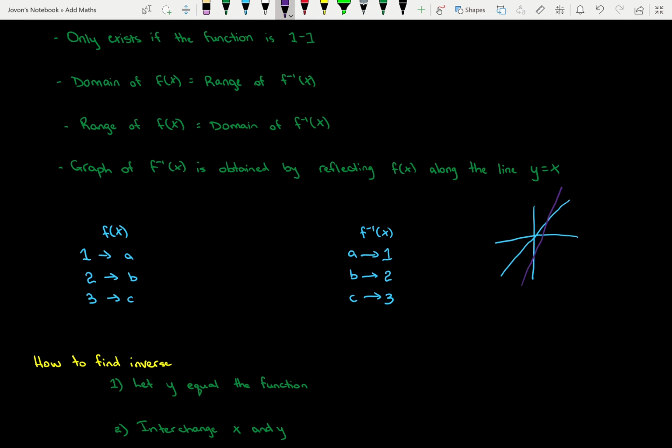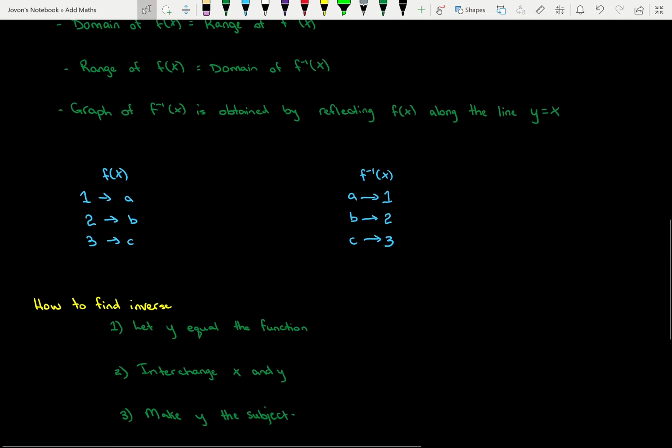To draw the graph of the inverse function, we just reflect it along this line, because this line is y is equal to x. We just reflect it along that line and we get the inverse function. So if you want to draw the graph of an inverse function, just reflect it along the line y is equal to x.